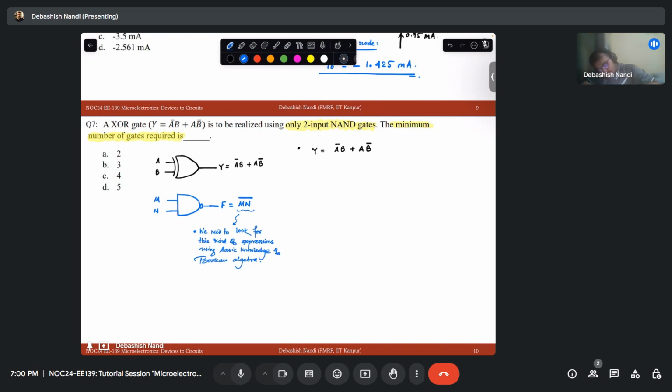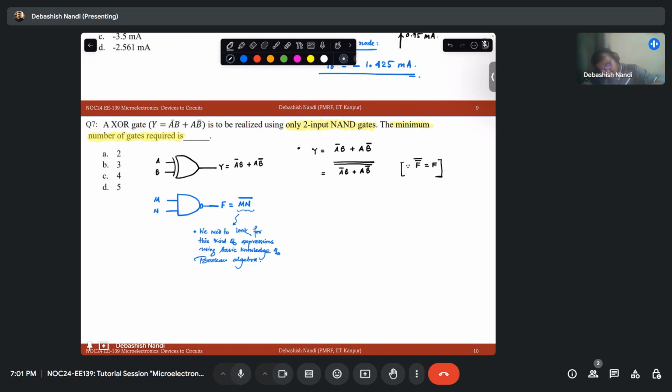So how to go about this? First thing you note that you have A bar B plus A B bar. You can write it as double bar, because bar of A bar is A. Or let me write it in a general term, because F bar bar is equal to F. Fine.